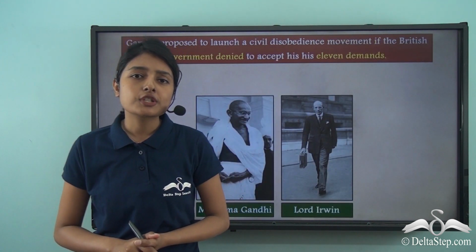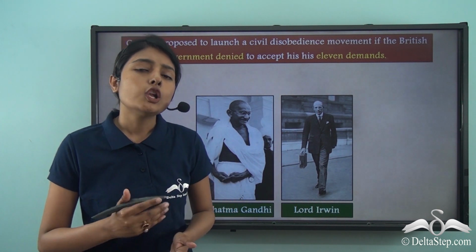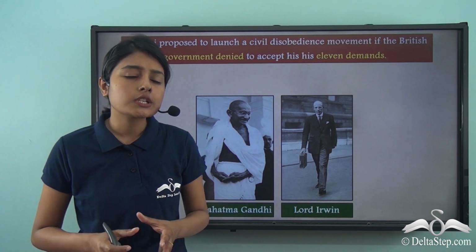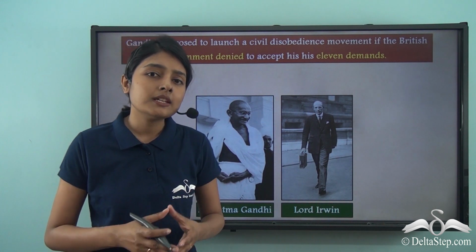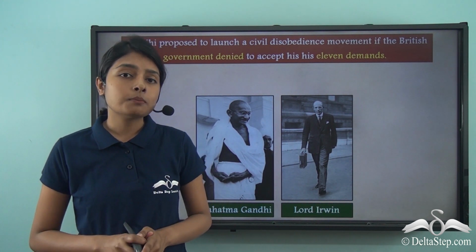Now, at this point of time, Mahatma Gandhi was very skeptical of Lord Irwin's motives, because he knew that Lord Irwin was not very intent on granting dominion status or complete independence to the Indian masses.